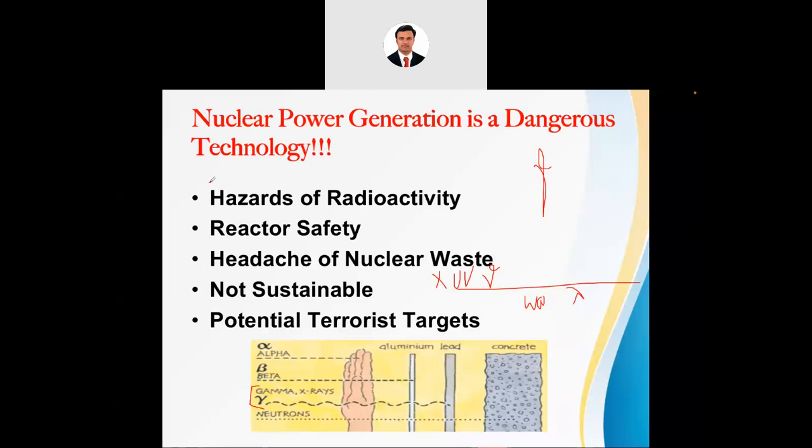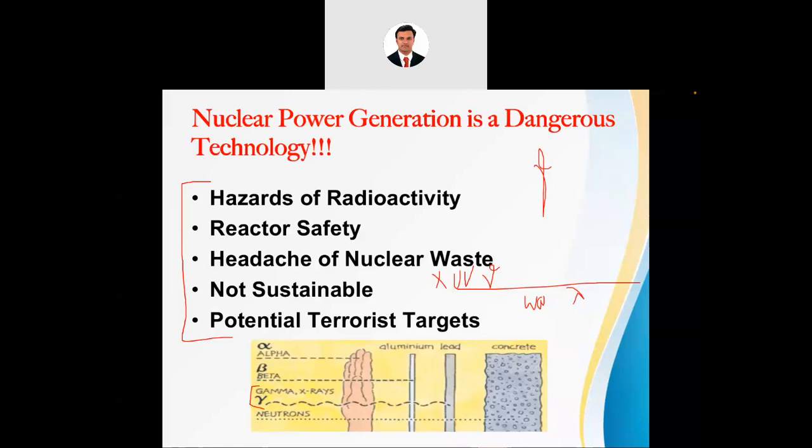So these are the potential damages, or disadvantages, of nuclear energy. First, the hazards of radioactivity, as you already know. Then reactor safety: the shell, or casing, outside the nuclear power plant is a concrete wall with a thickness of 3 to 5 meters.